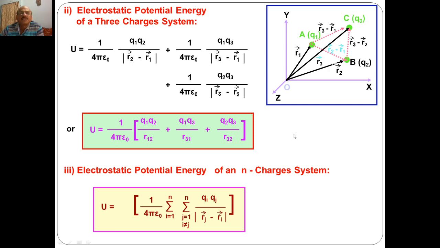So as we can extend, we can find. On the basis of this, we can solve a question. Let four charges, each of magnitude q, be assembled on the corners of a square of side a. Find the electrostatic potential energy in this. And if a charge q naught is brought at the center of that square, then how much extra work is done?